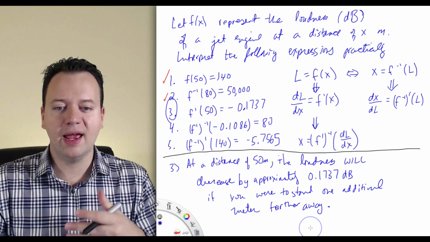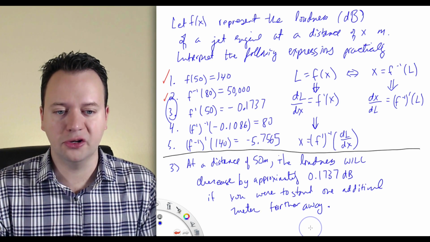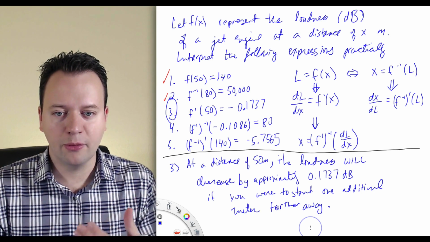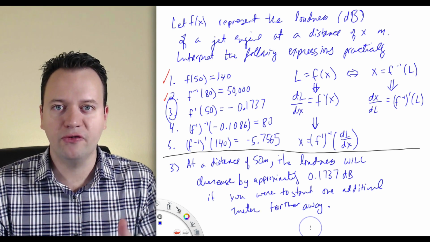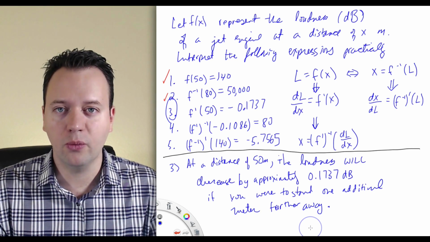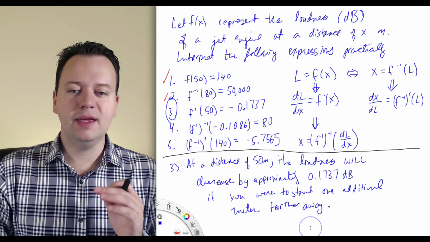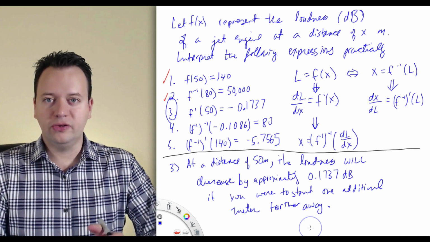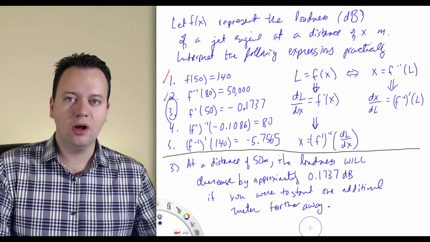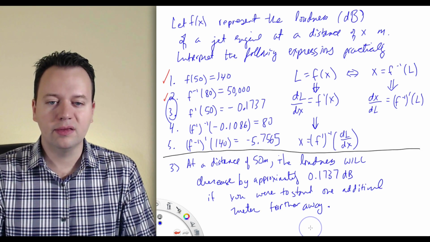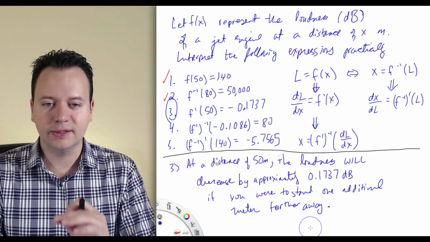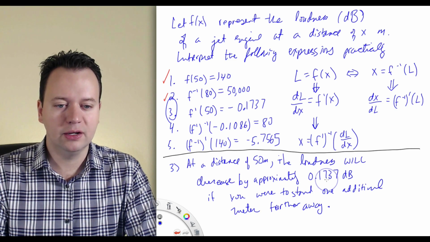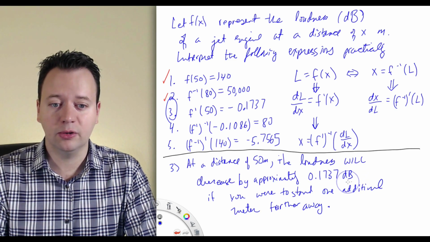So if you're standing at a distance of 50 meters from the engine, f prime of 50 is equal to negative 0.1737. What that means is that if you're at 50 meters from the engine and you decide to stand 1 meter farther away, the loudness will decrease by approximately 0.1737 decibels.